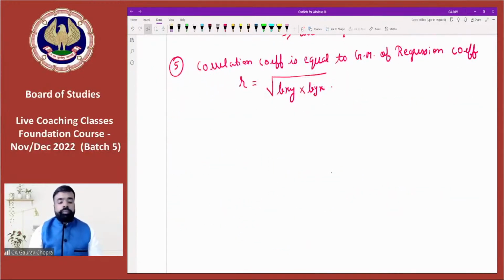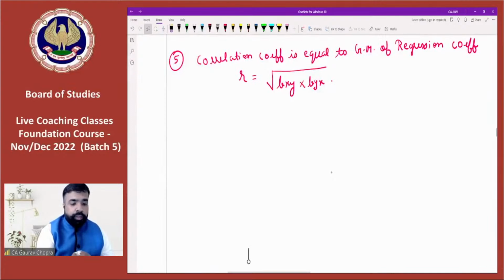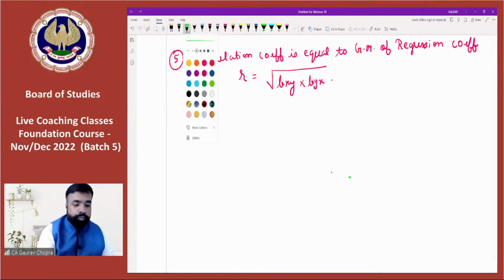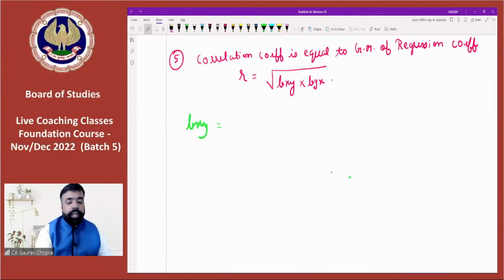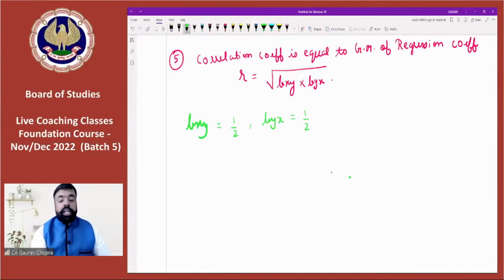Now let us take some basic examples based on this formula. Let's say bxy is 1/2 and byx is also 1/2. Then what will be the value of r?